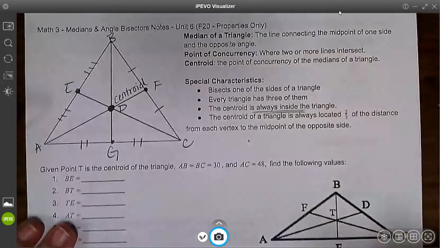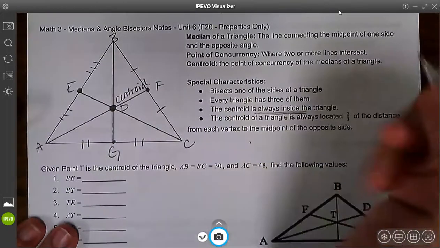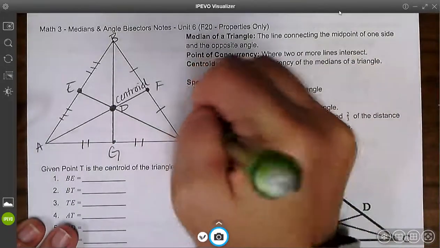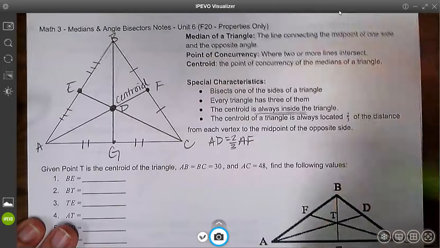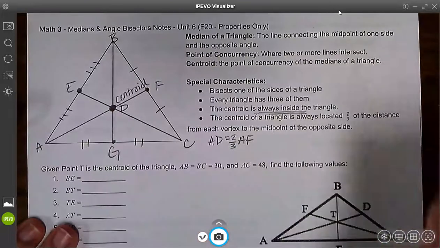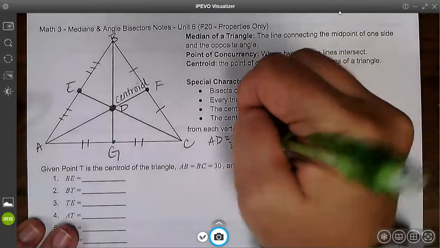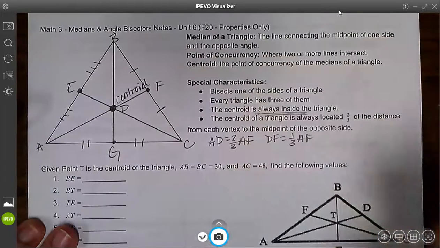So that gives us some equations, and I'm just going to write equations for the line AF. AD is equal to 2/3 of AF. So the bigger portion is always 2/3 of the whole thing. DF is 1/3 of AF.